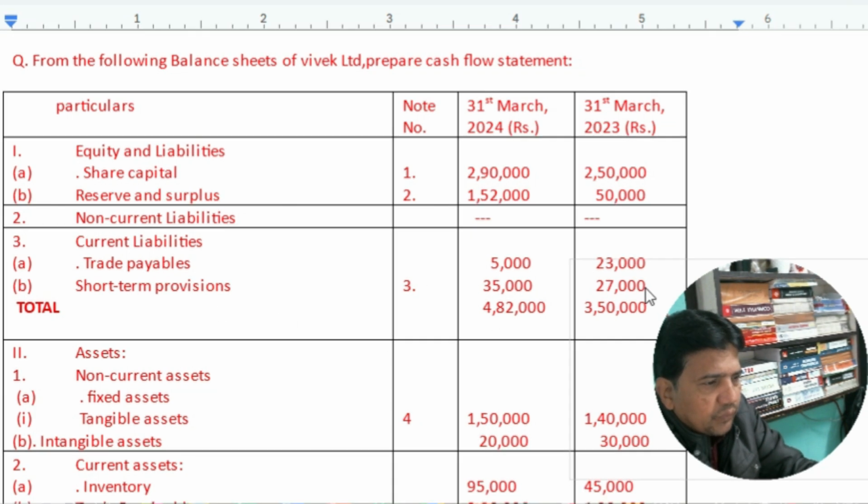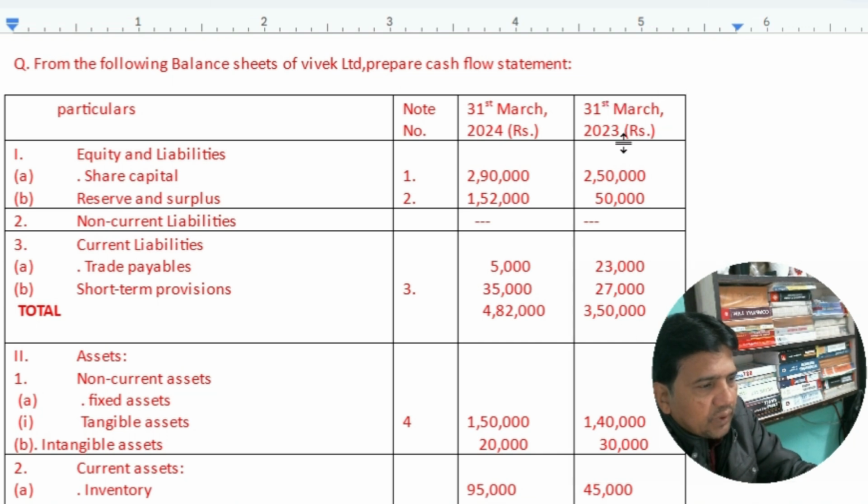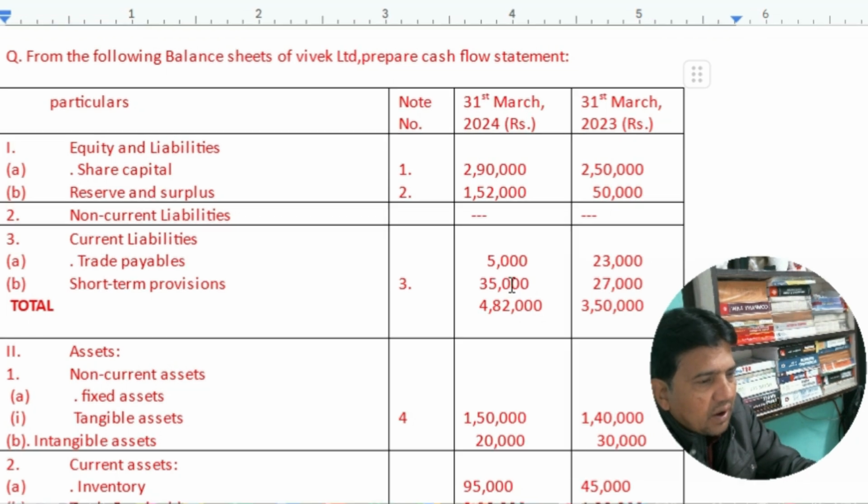Now short-term provisions. In the year 2023 it was 27,000, and in the year 2024 it became 35,000, an increase of 8,000. So an additional 8,000 rupees was transferred to this balance out of the profit and loss account.